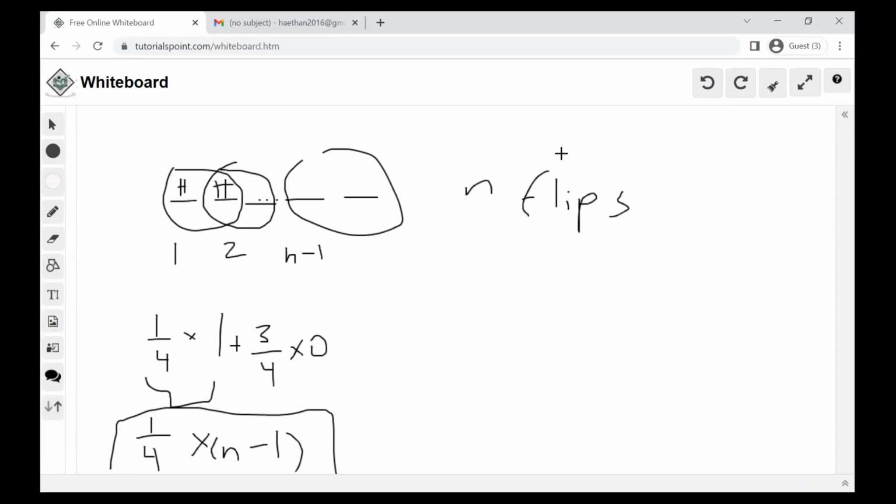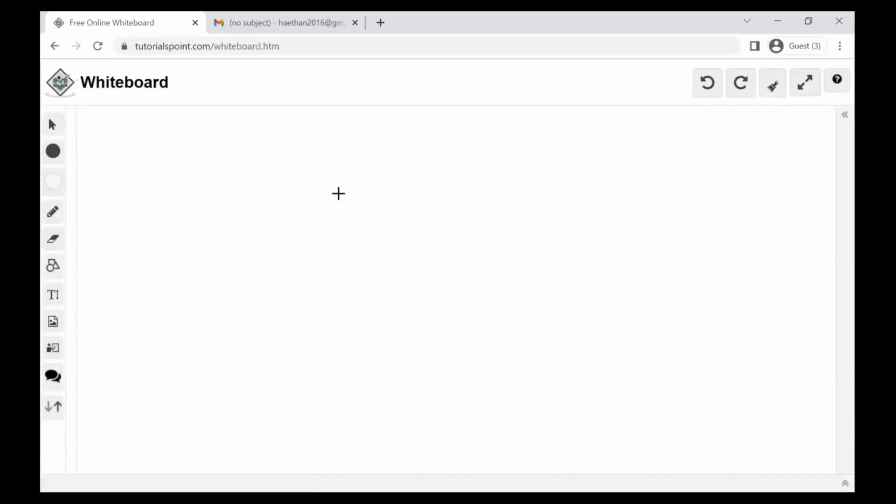So now I'm going to give a couple examples from competitions that help illustrate the power of linearity of expectation. One example is from HMMT.